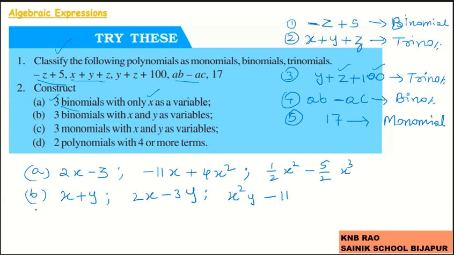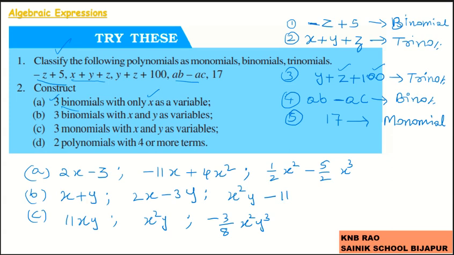This is the way we can think of. Now, the third one, 3 monomials with the variables x and y. So, 11xy is one monomial, x square y is one more monomial, and minus 3 by 8 x square y cube is one more monomial. So I have done this using the variables x and y.